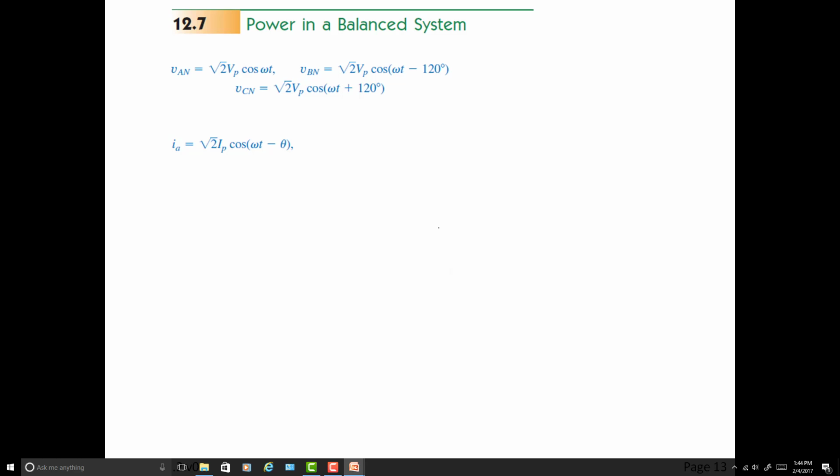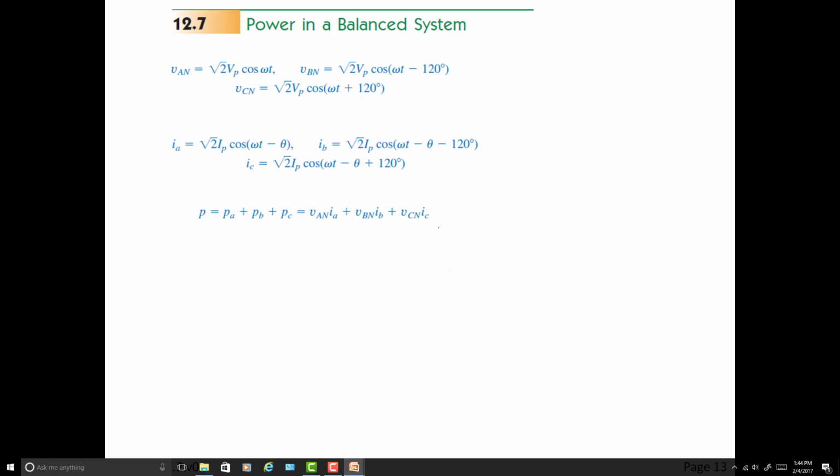And it's the phase shift. The current is not in phase with the voltage. That's what's being referred to here. And so we have the next phase shift. IB corresponds to VBN, so there's that reference, minus 120. And here's the other one for IC. All right, so those are the values of the current and voltage that we'll be working with.